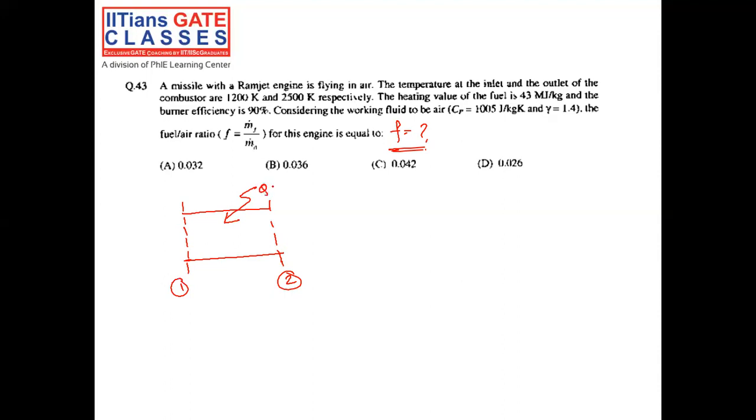So this is Q, the heat added, which is nothing but mf dot cv. Mf dot is the fuel flow rate, and cv is the calorific value, the heating value of the fuel.